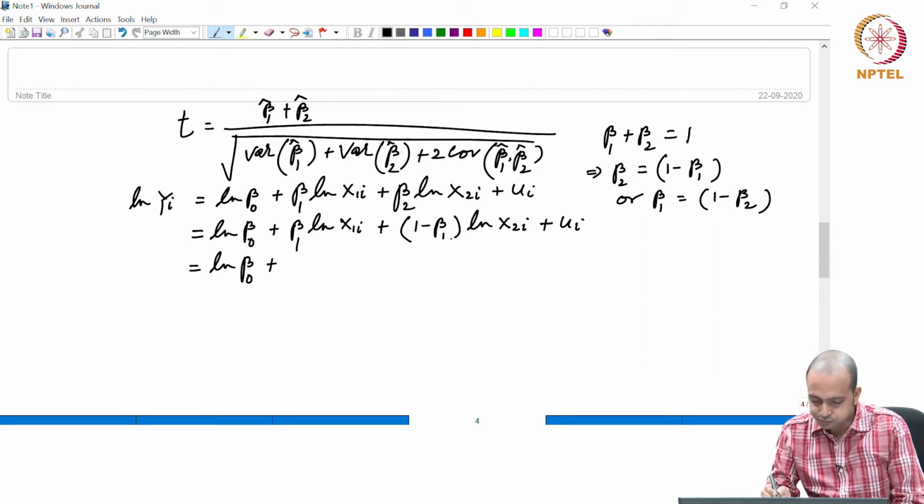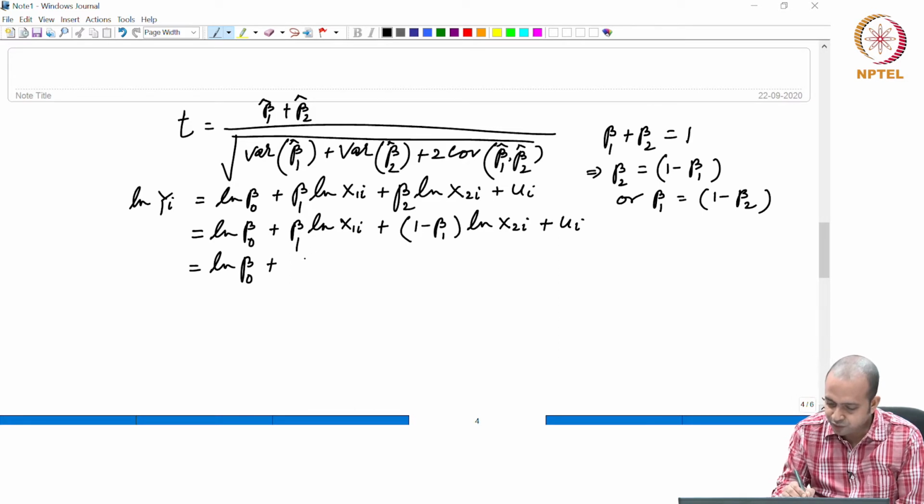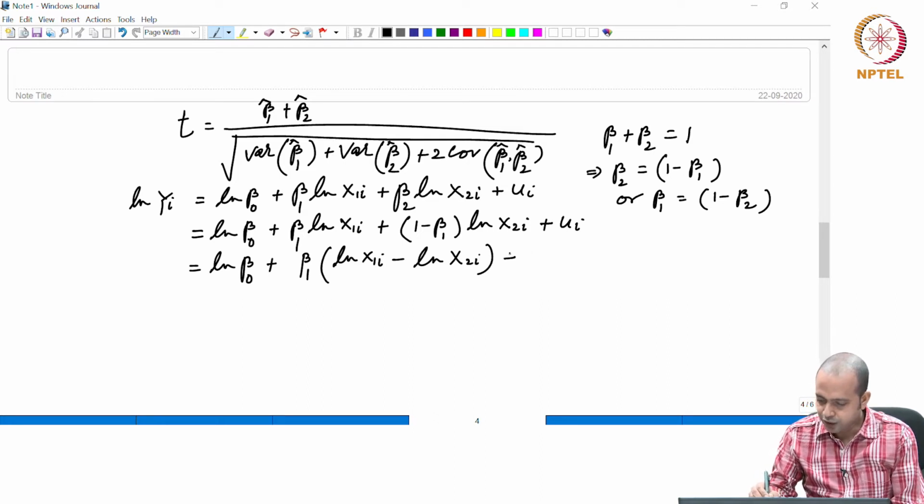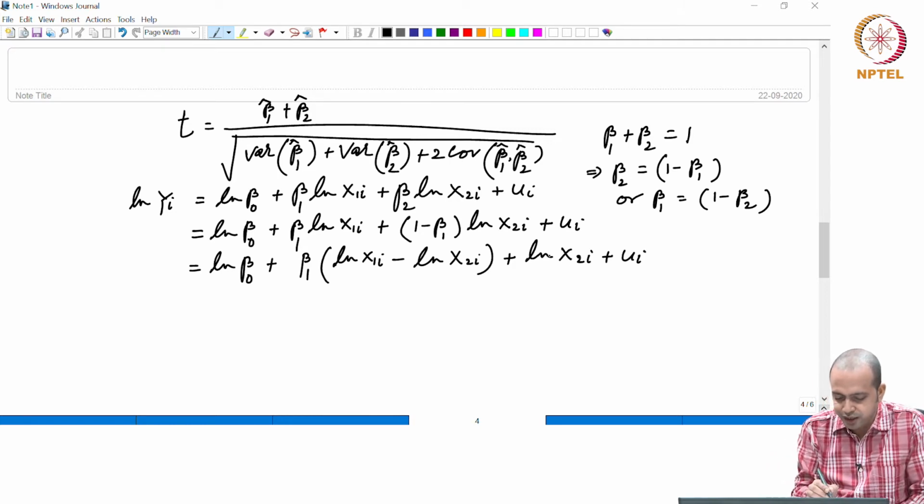So, you can take beta 1 common, and this would become log of x 1 i minus log of x 2 i, plus log of x 2 i plus ui. Now, this log of x 2 i you can take to the left hand side.